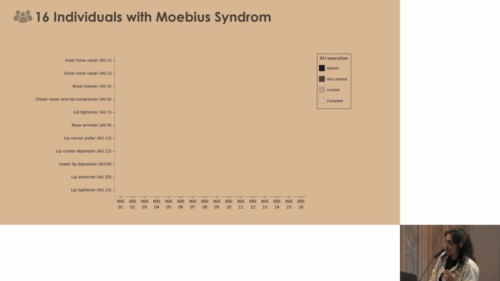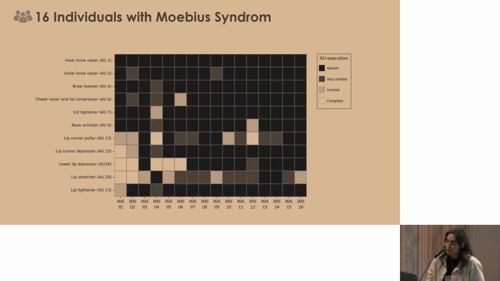The ability to execute each facial movement was categorized into one of 4 categories: absent when no movement was detected, very limited when only minimal movement was observed, like a few millimeters, limited when the movement was not complete but more marked than the very limited ones, and complete when the facial movement was really marked bilaterally. As you can see in the matrix, most of these people could barely execute any of these facial movements.